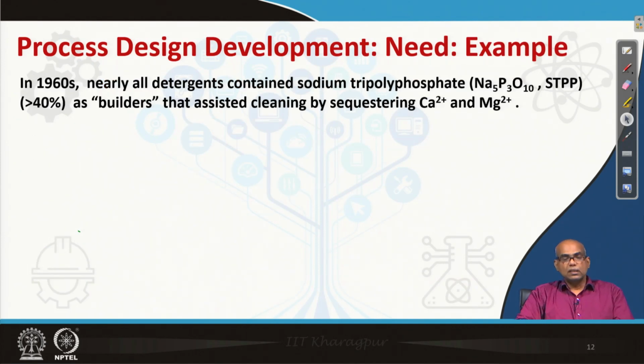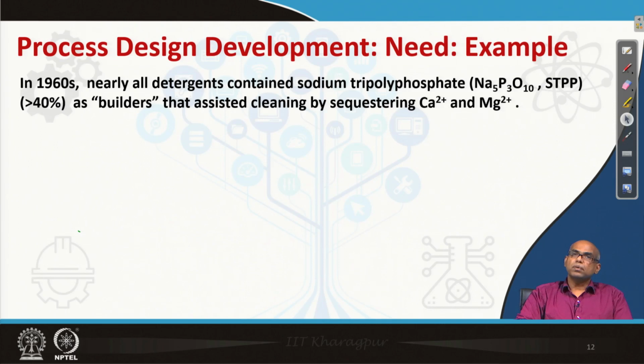Now, let us take one or two examples of the need for process design development. In the 1960s, nearly all detergents contained sodium tripolyphosphate, known as STPP, as builders that assisted cleaning by sequestering calcium ions and magnesium ions.